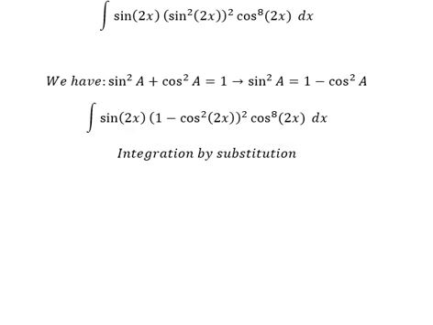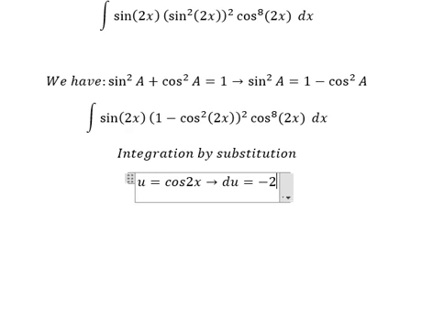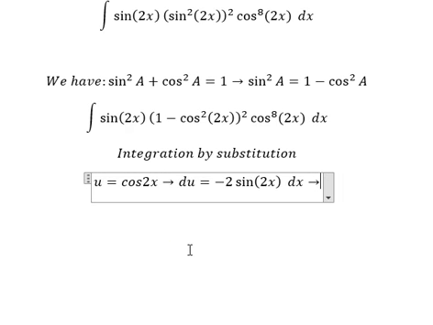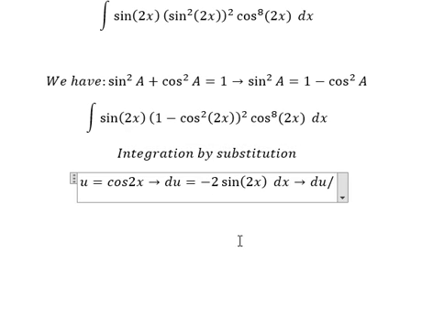So I will put u equal to cosine 2x. After that, we first take the derivative of both sides, and we have like this. Because we don't have negative number 2 in here, we need to divide both sides by negative number 2.